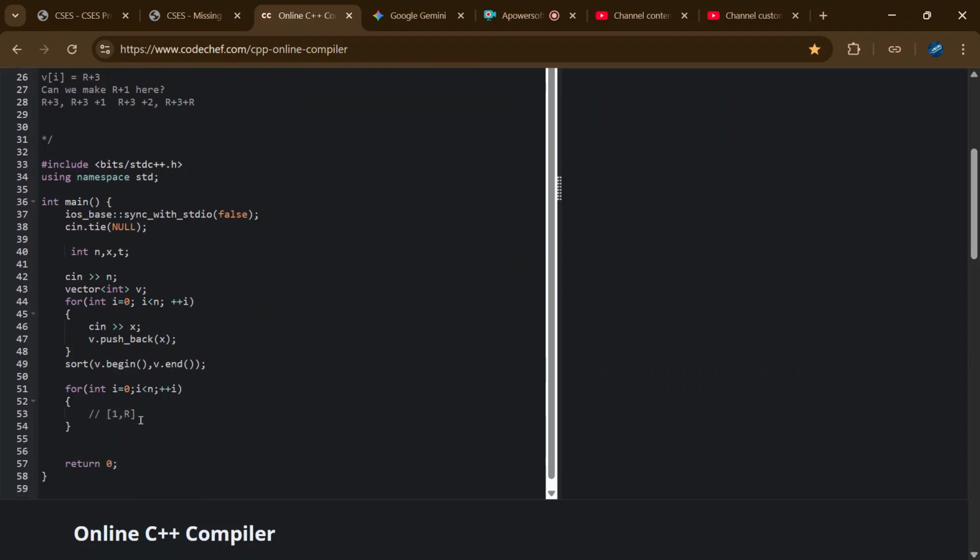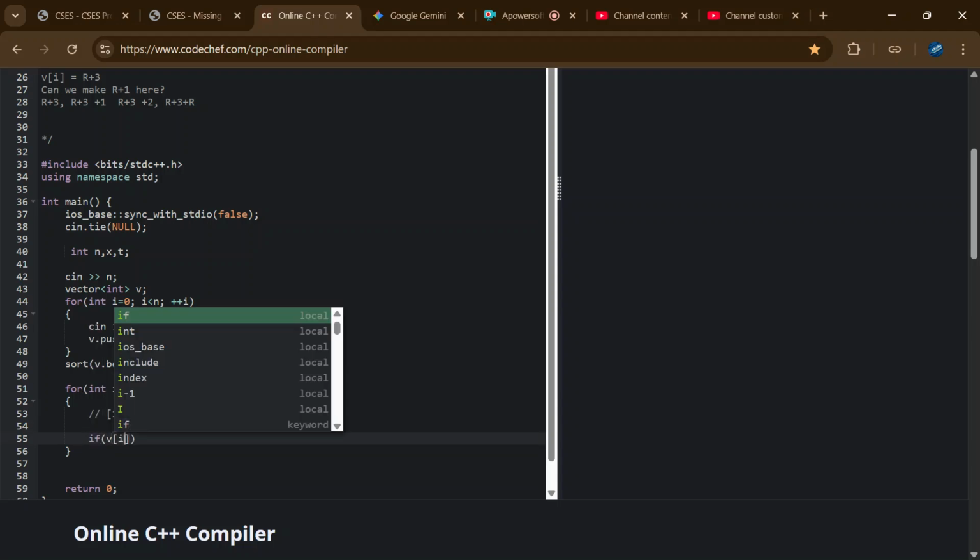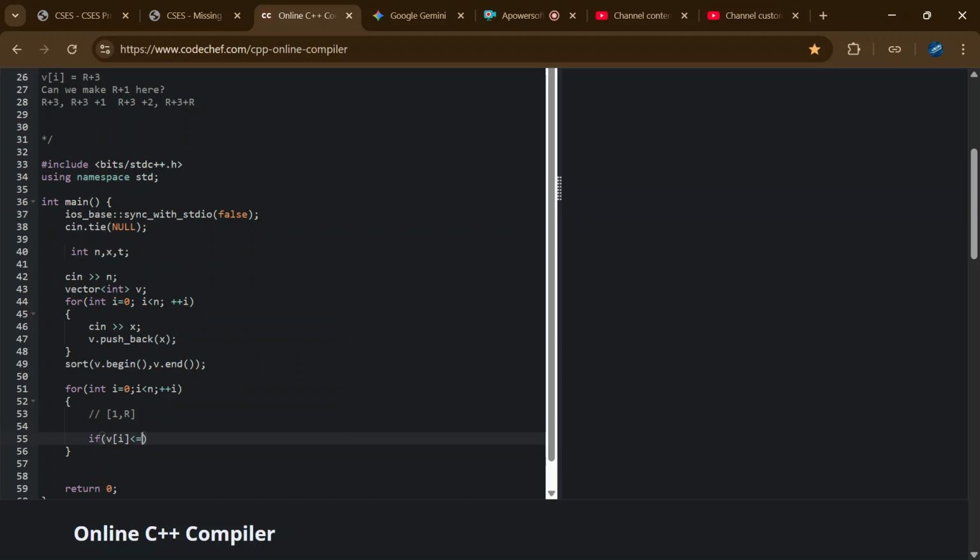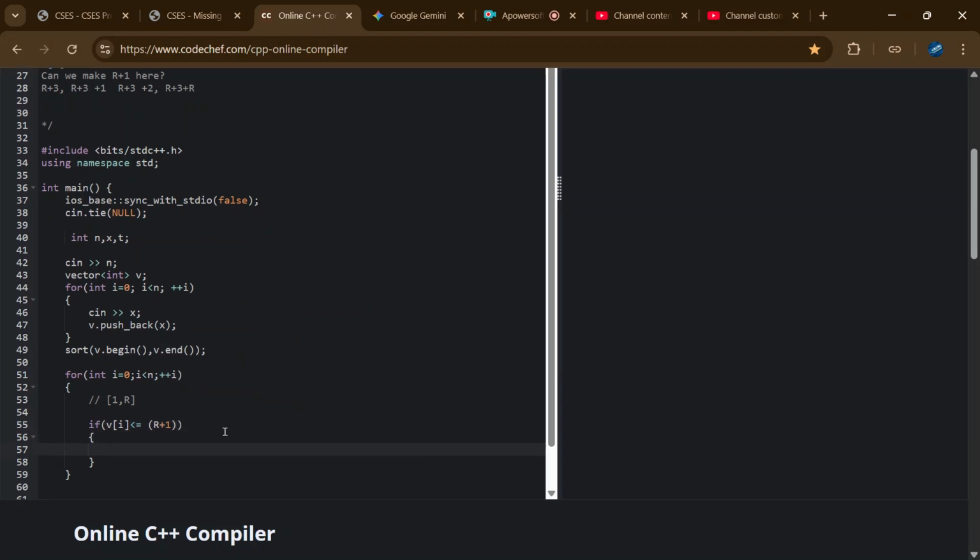First case: if v of I is less than or equal to r plus 1, and we will have another case if v of I is greater. First let us consider this case. If v of I is less than or equal to r plus 1, what will happen?